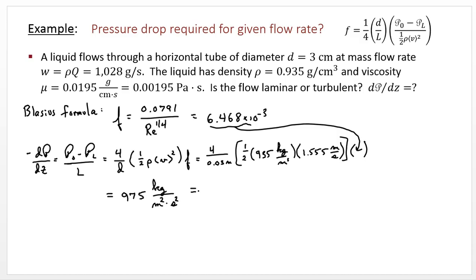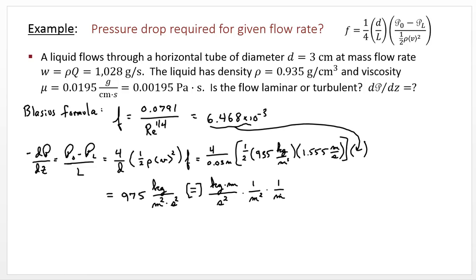And we say, okay, let's make these units into something that's a little bit more meaningful. So we can group this into kilograms times meters per second squared, which is a Newton, times 1 over meters squared times 1 over meters.